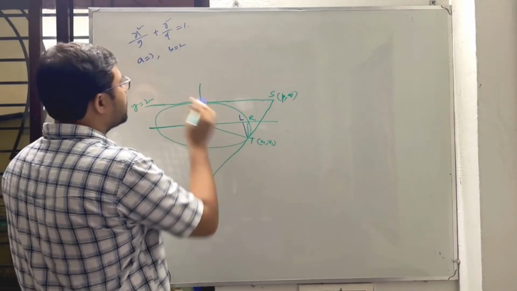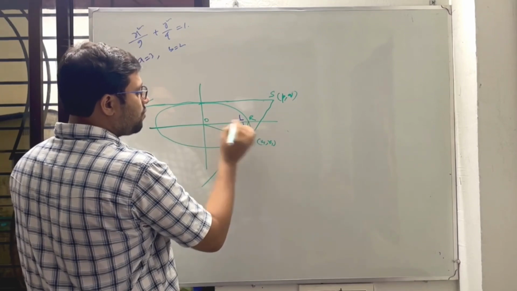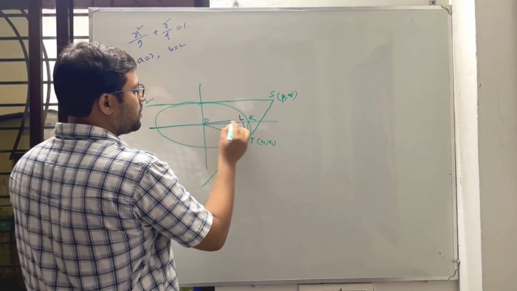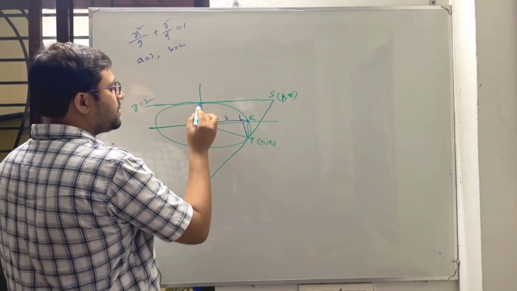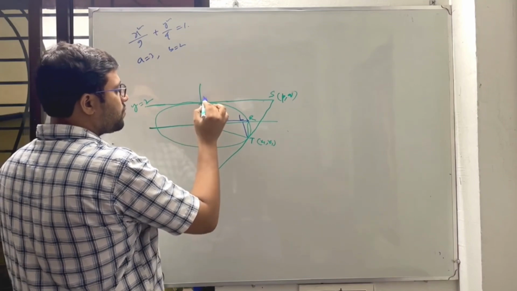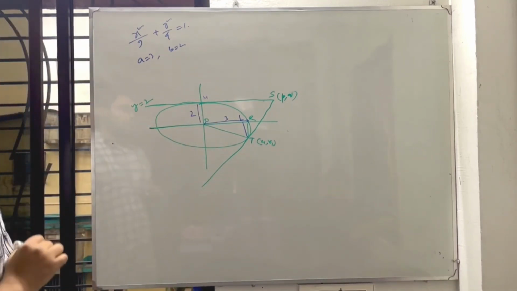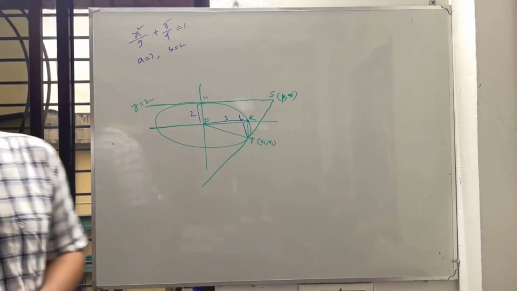Since a is 3, this length OR will be 3. And this length, suppose this is M, OM will be 2. And from S, we draw two tangents.